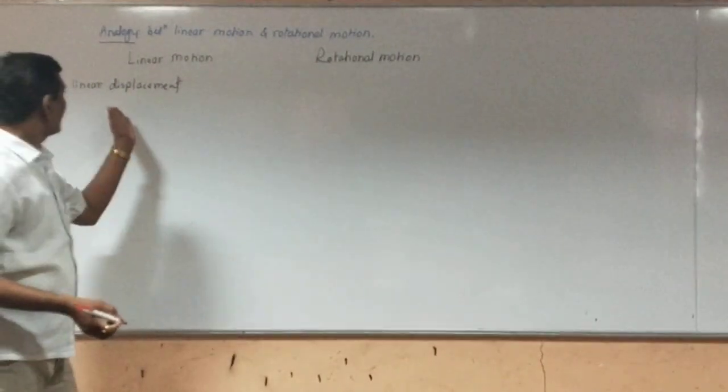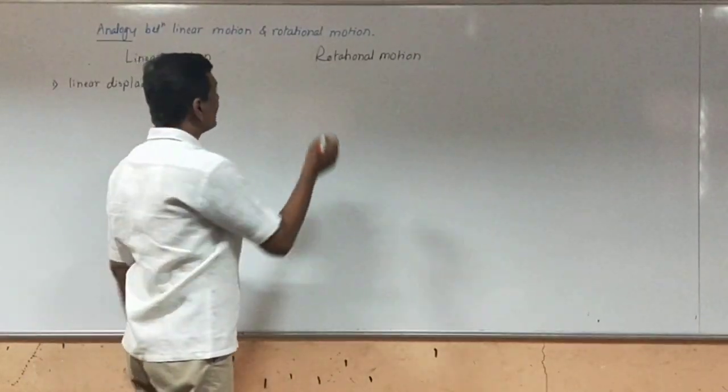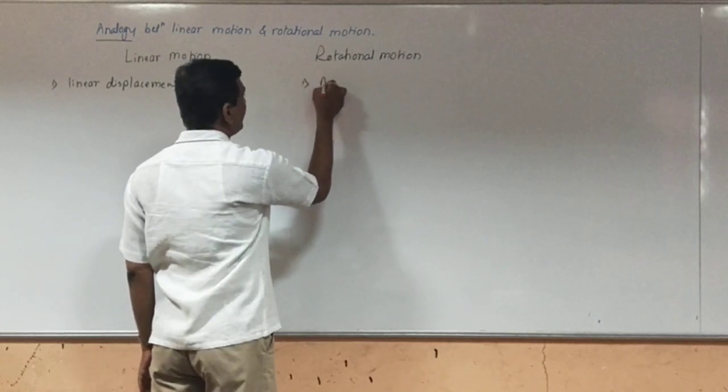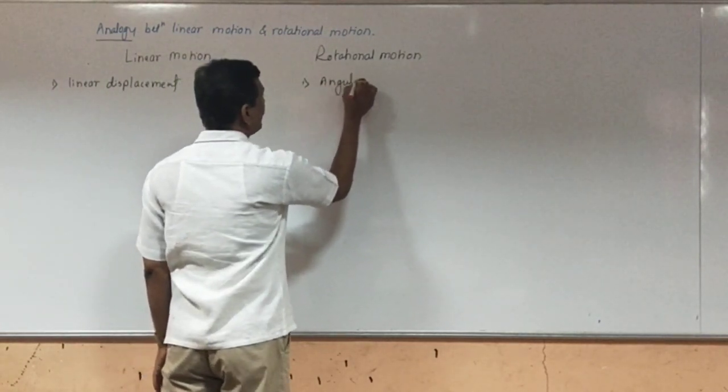Physical quantity analogous to the linear displacement in case of a rotational motion is the angular displacement.